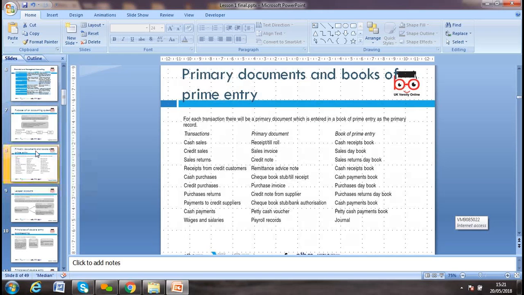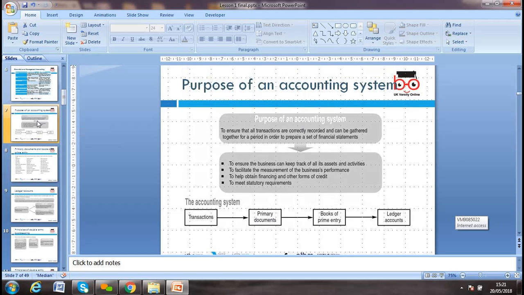The purpose of the accounting system is to ensure all transactions are correctly recorded and gathered together for the period to prepare a set of financial statements, so the business can keep track of all its assets and activity, facilitate the measurement of the business, and meet the statutory requirements, which by law we have to follow.